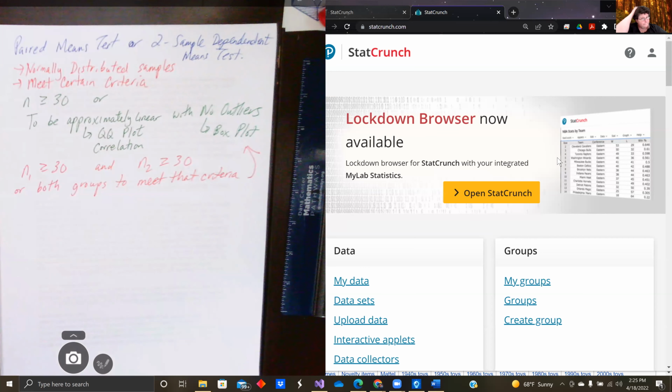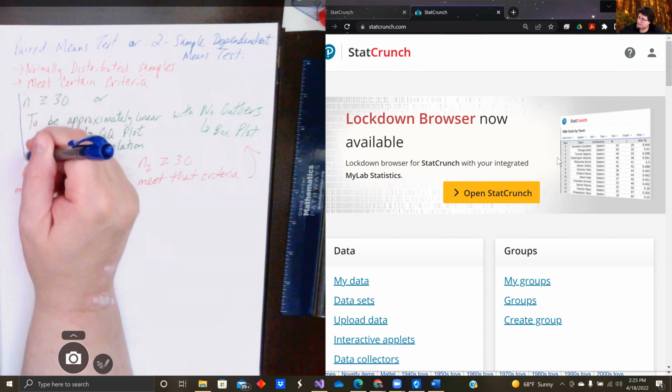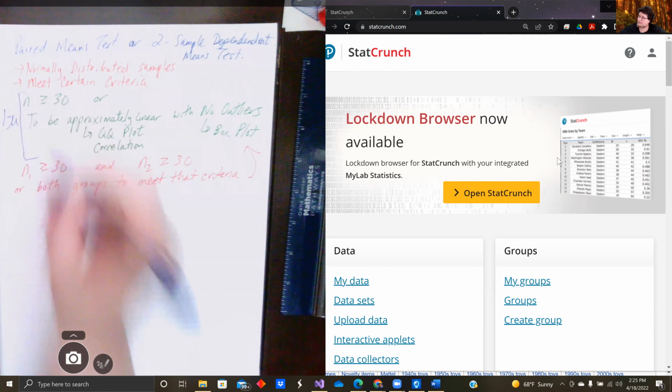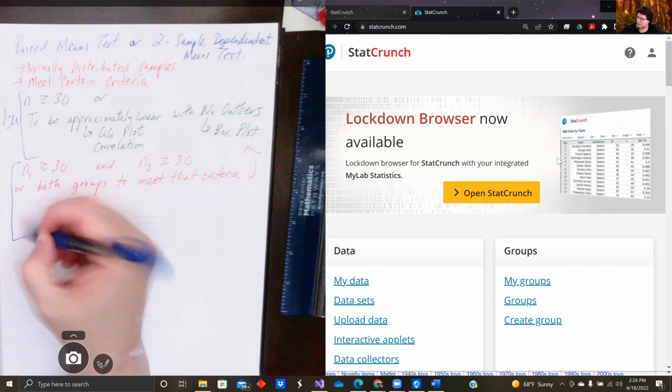And we have a couple more in addition. These were our one mean requirements. And now we're looking at our two mean requirements.